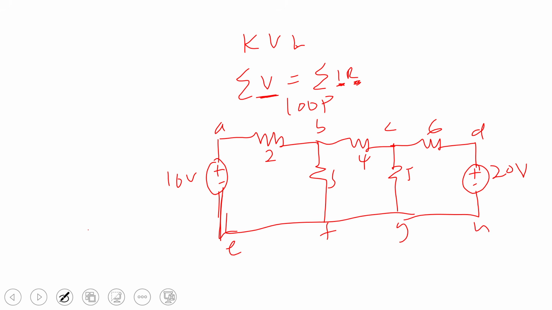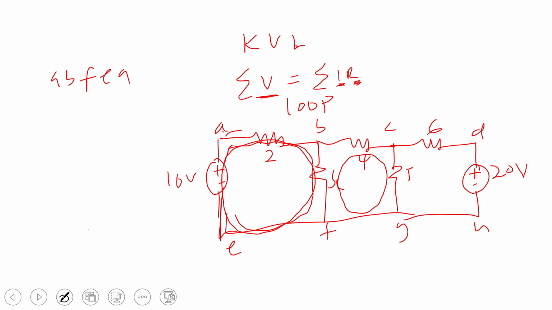So a loop is just a closed path. Let's say I start from this point A and go through B, to F, to E, and come back to A. I can say this is a loop. So A, B, F, E, A is a loop. If we go around like this, this place is a loop, this place is a loop.